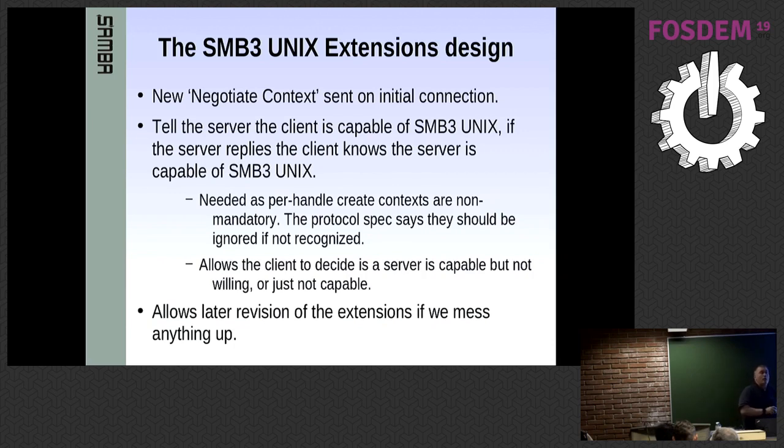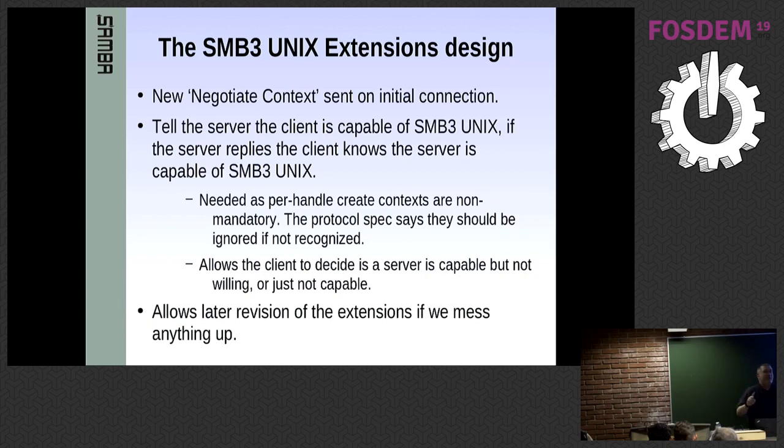I originally thought we could get away without adding this context. So you send an empty context saying, hey, I'm a client that is capable of talking POSIX SMB3 Unix extensions. And if the server then replies saying, yes, I also can speak SMB3 Unix extensions, then the client knows it's talking to a Unix-capable server.